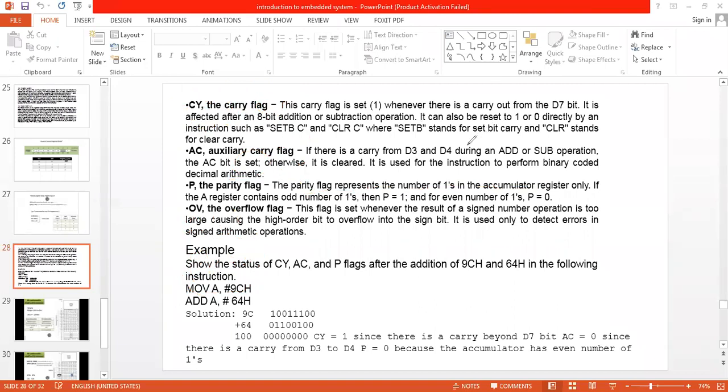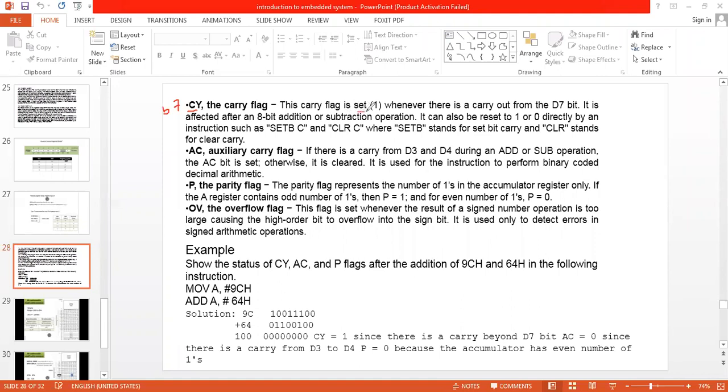Okay. See, first of all, carry flag. Bit number 7. Bit 7. Okay, so this is a carry flag.